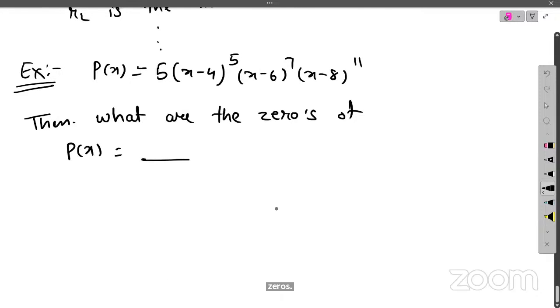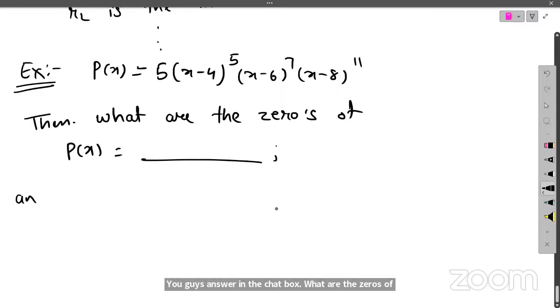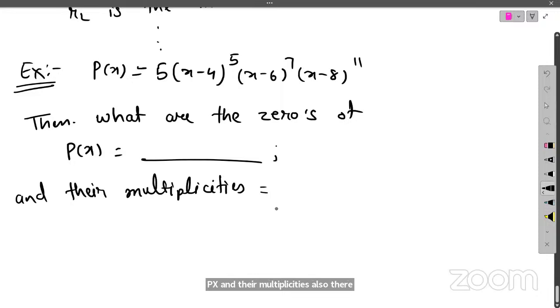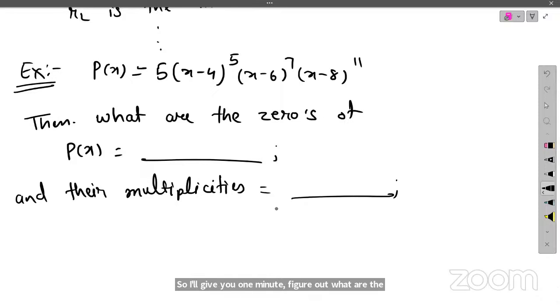You guys answer in the chat box what are the zeros of p of x and their multiplicities also. Okay, I'll give you 1 minute, figure out what are the zeros of this particular polynomial and what are the respective multiplicities this polynomial can have.